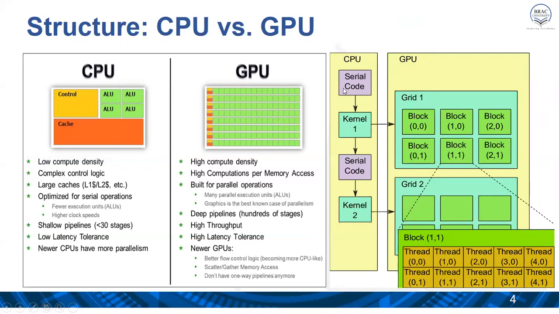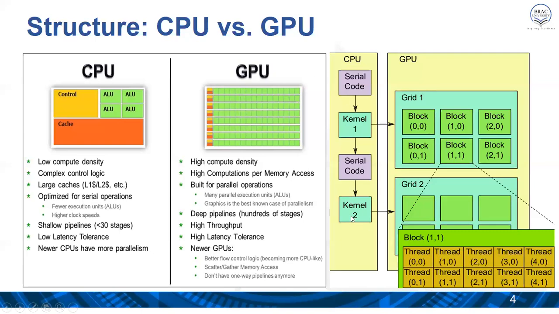We can see here a serial code is loaded in kernel 1, passed to grid 1, and grid 1 distributes the instructions received from kernel 1 to its threads, and the threads are responsible for performing the task in parallel, and finally the result returns to the CPU.